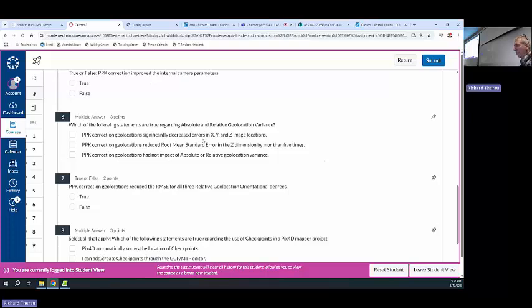Oh, this is multiple answers, so select all that apply, I should have said. PPK corrected geolocations reduce the mean square error in the Z dimension by more than 5 times more. And then PPK geolocations had an impact on the absolute and relative geolocations.